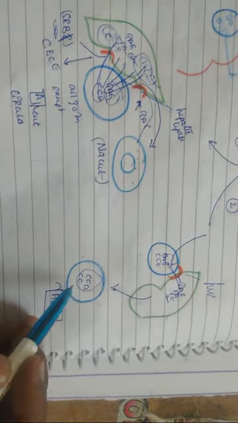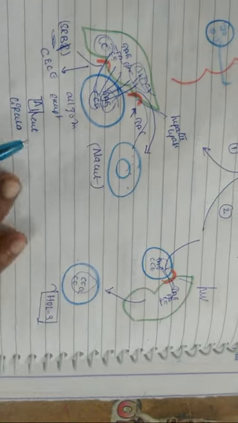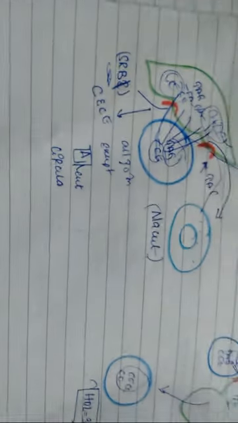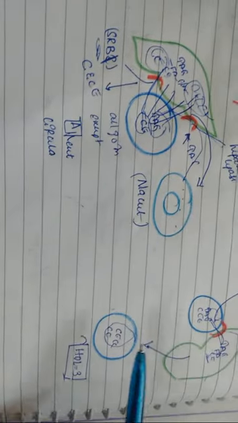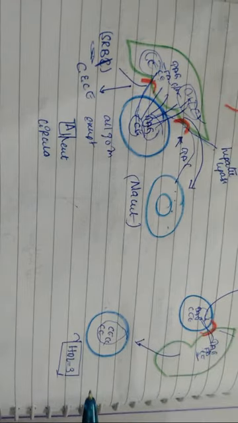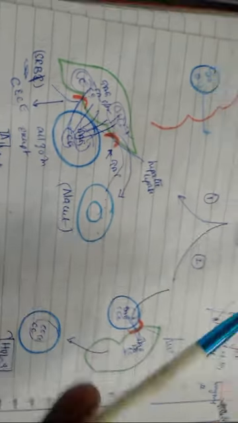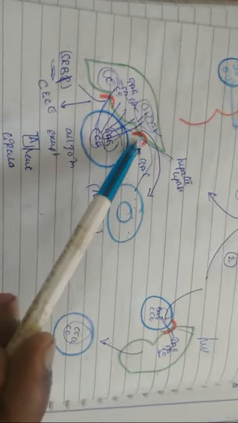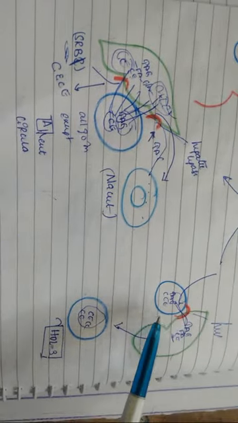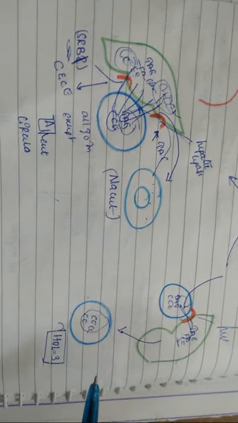Even in HDL3, as we saw in the earlier session, we have lots of cholesterol esters. The same thing is present here. So you have two fates here: either it can interact and form a nascent HDL, or it can interact and form HDL3.